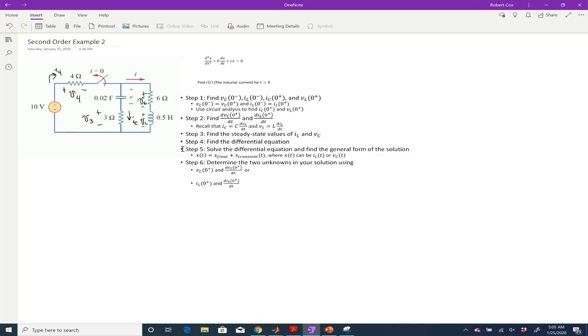So I'm going to just be careful to say that V3, the voltage across that 3 ohm resistor, is 3 times IC.